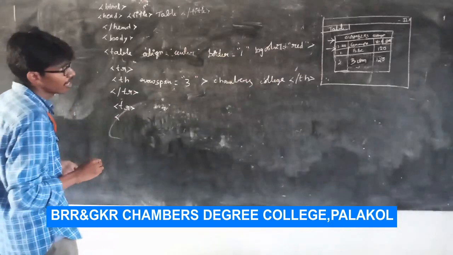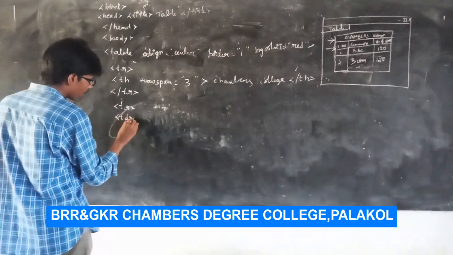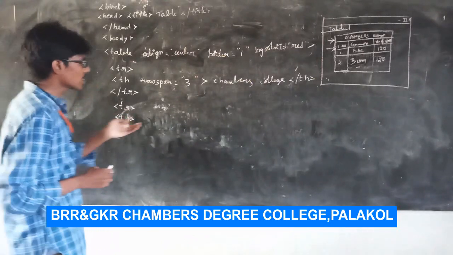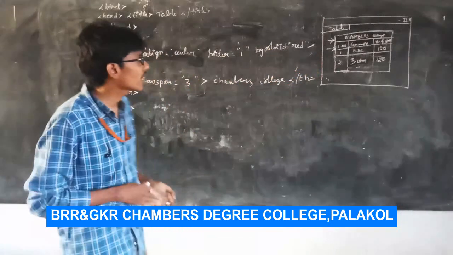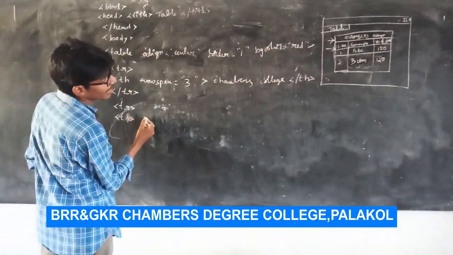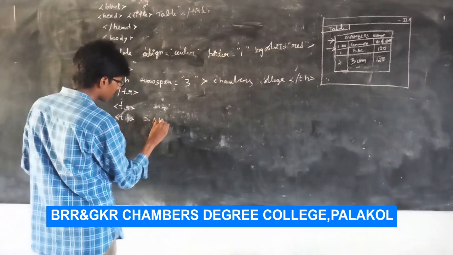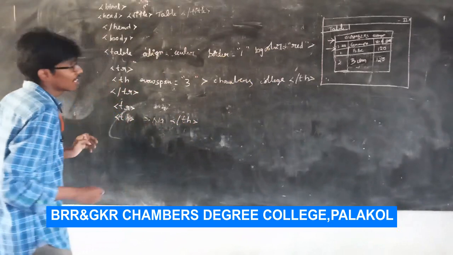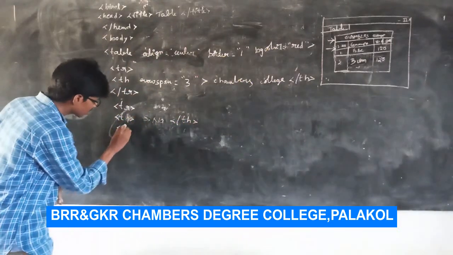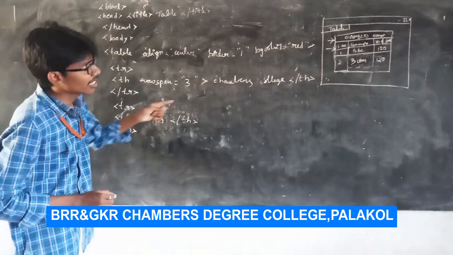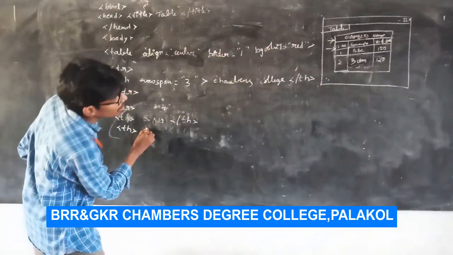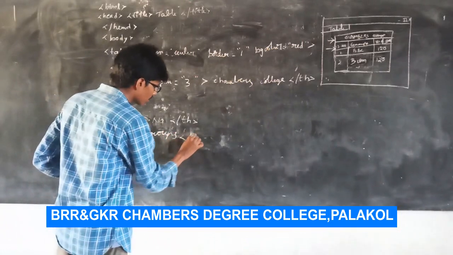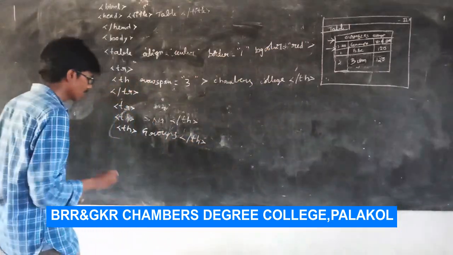The next tag is TH, the table head part. If you wish to mention the heading of the table, write the content, then close the tag, that is TH. There is another value, that is TH. Mention here the groups. After that, close the TH.